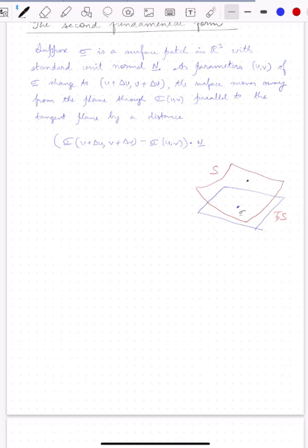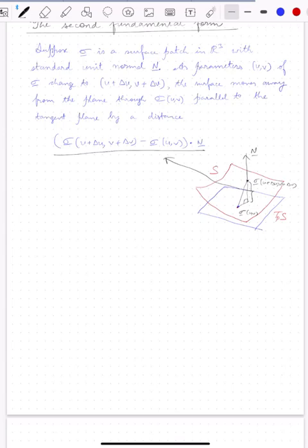This was sigma vector u comma v, and this is our sigma vector u plus delta u and v plus delta v, right? And so the difference between these two is of course this line connecting these 2 points. And of course, it will have some normal vector to the surface at this point. So this is our normal vector n. So this is the quantity which we have derived here.